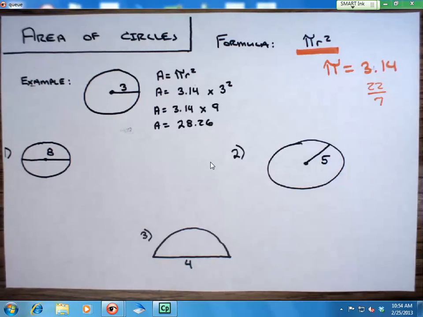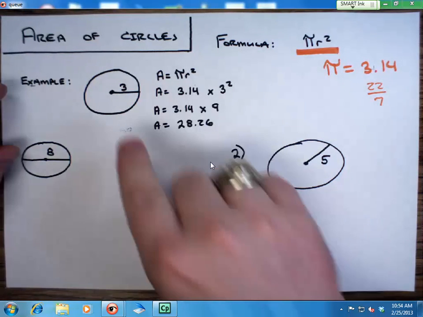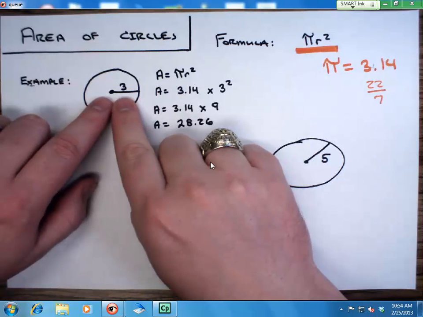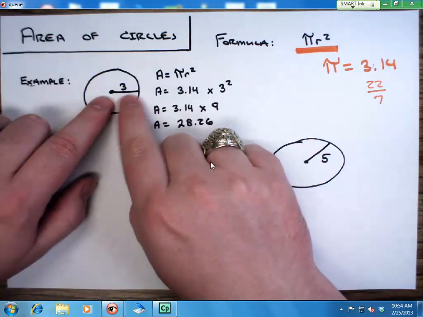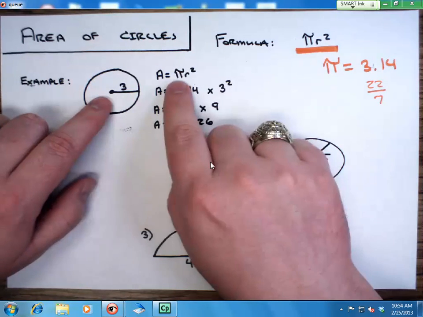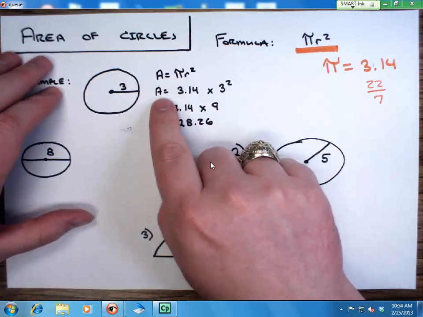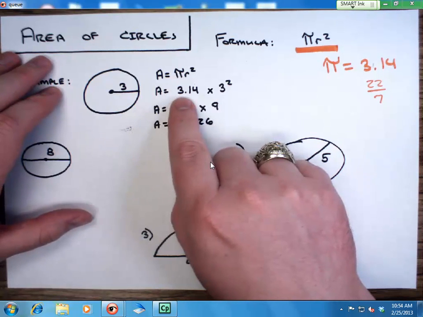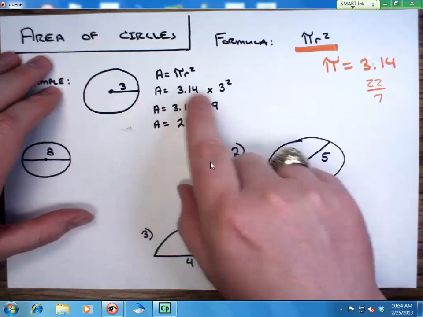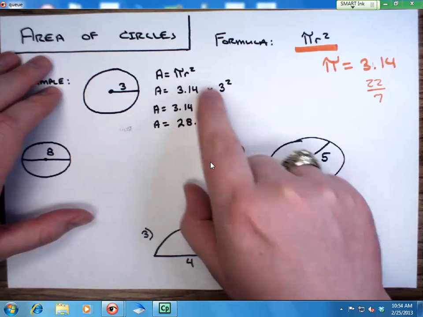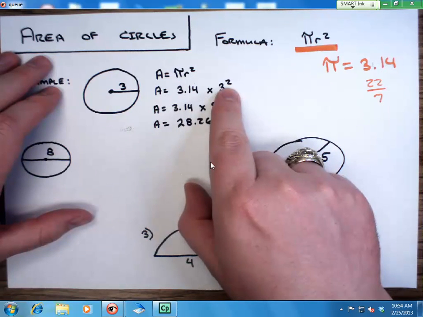So let's first take a look at the example that we have here. It's already worked out for you. Okay, we have a circle here, and it has a radius of 3. So I start with my formula. Area equals pi times radius squared. Then I'm going to substitute my values into that formula. So I'm going to have area equals 3.14, which is pi, times radius squared, which is 3 to the second power.